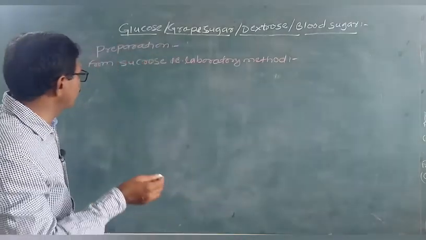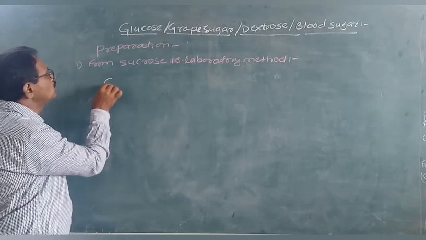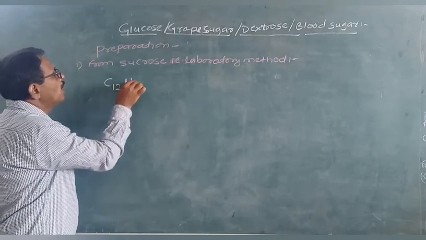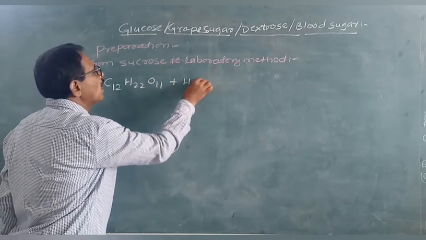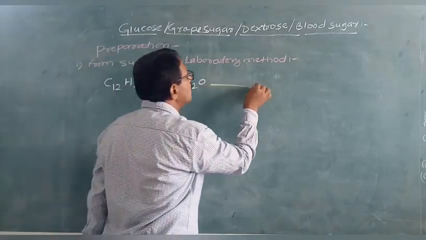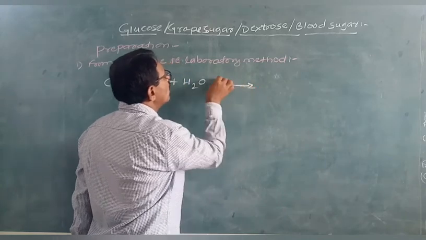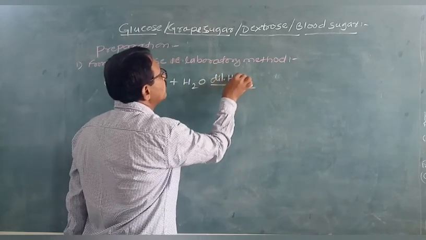Now we will see here the formula of sucrose is C12H22O11. This sucrose on acid hydrolysis gives products in the presence of dilute HCl.